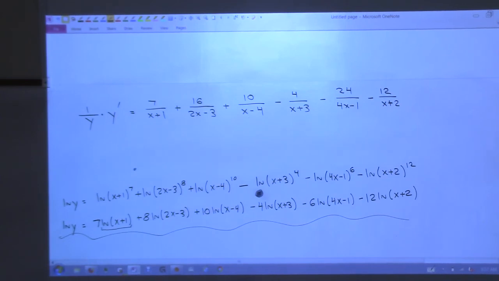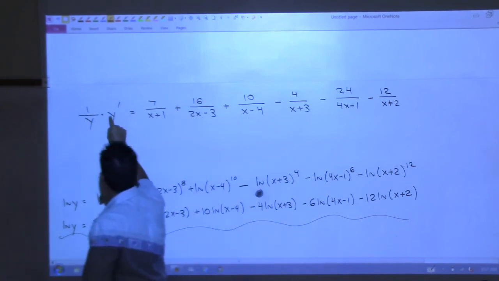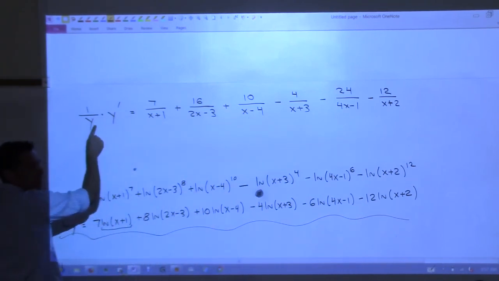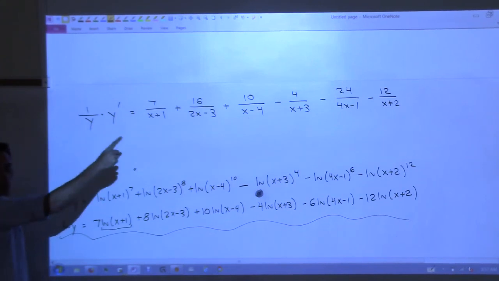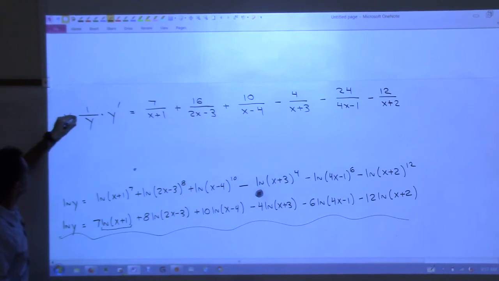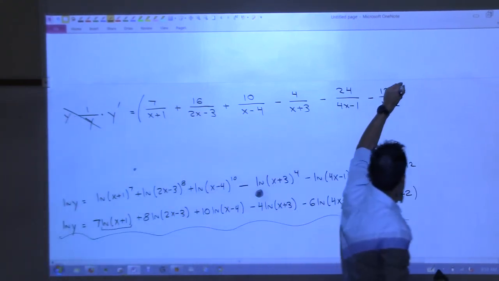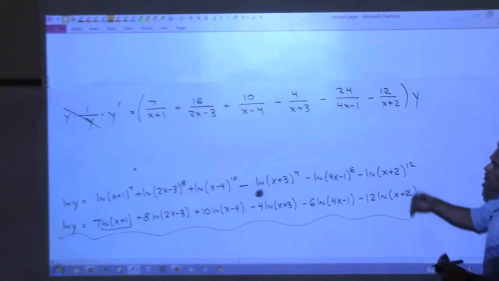But it's not the derivative. This is not the derivative. This is actually equal to the derivative times 1 over y. We don't want this. So what we're going to do now is multiply both sides by y. Okay? So if I multiply this side by y, it goes away, right? If I take this whole side and multiply it by y, then I have what y prime is, right?